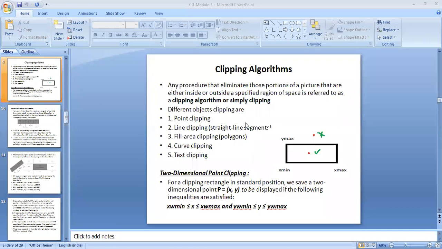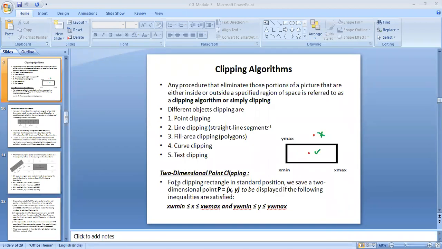Clipping means eliminating or removing the unwanted part of my object, which may be a point, a line, part of a polygon, a curve, or text. Anything not required, I can delete successfully.